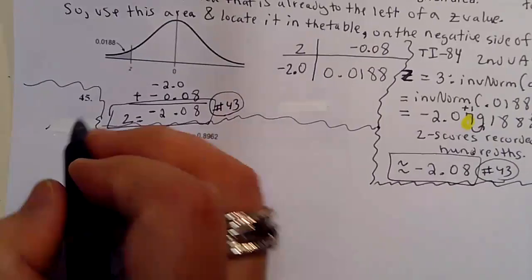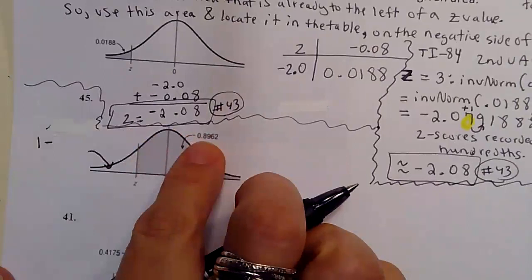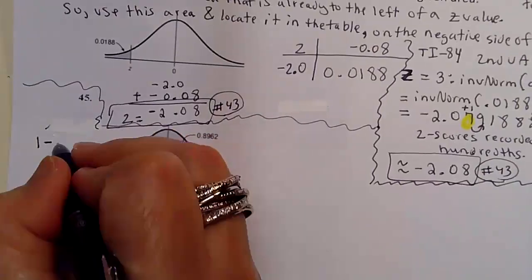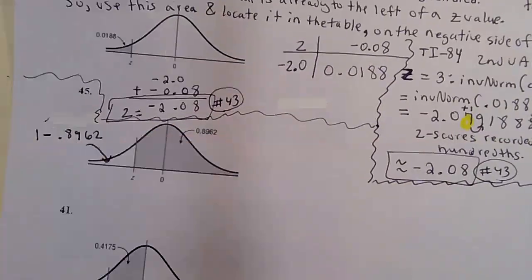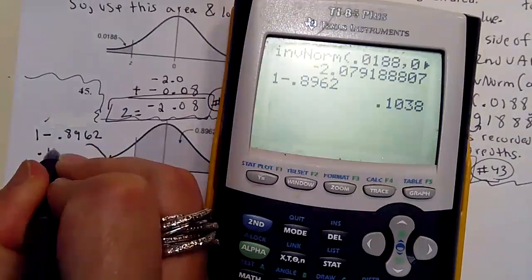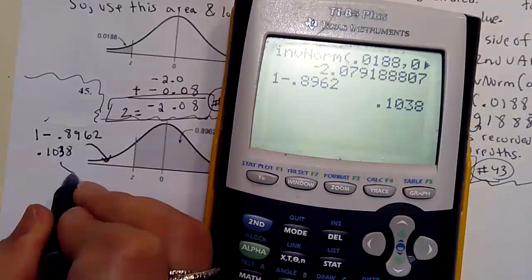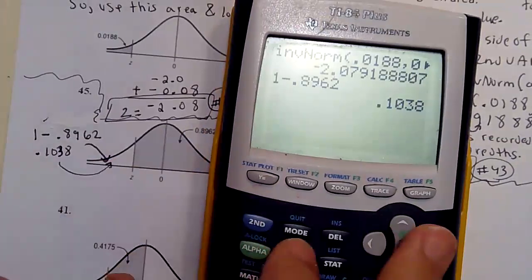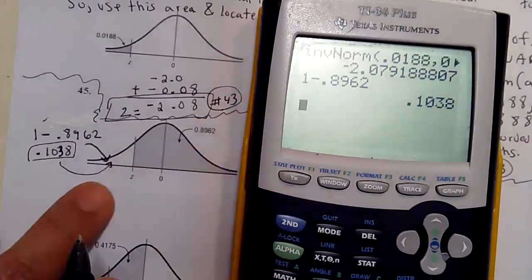So we're going to do 1 take away this 0.8962, and 1 take away 0.8962 is 0.1038. And that's this area here.